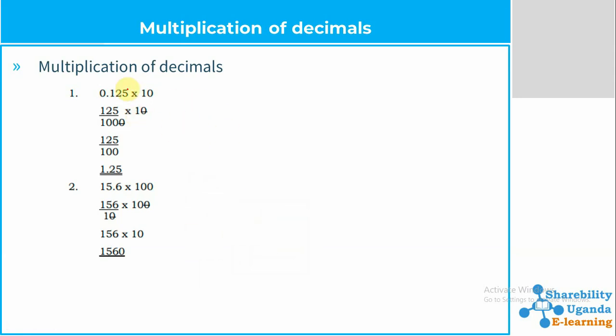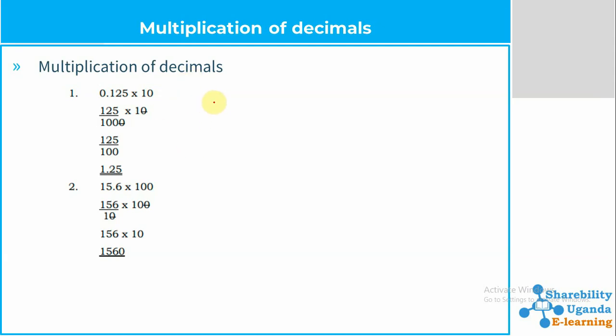When it is multiplied by 10, you can first decide how to make our number a proper fraction, or you can use the same concept that I'm going to show you here.